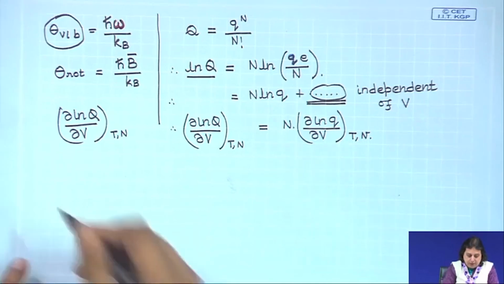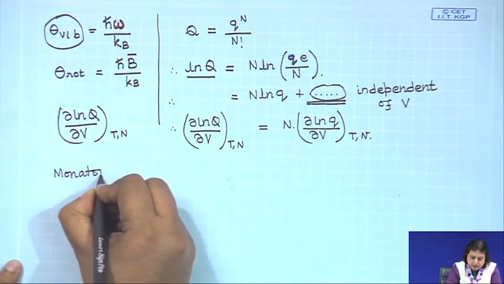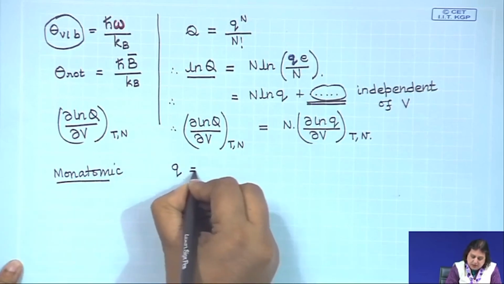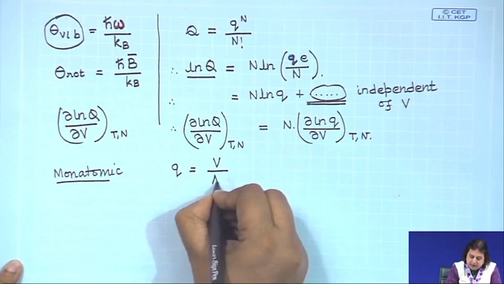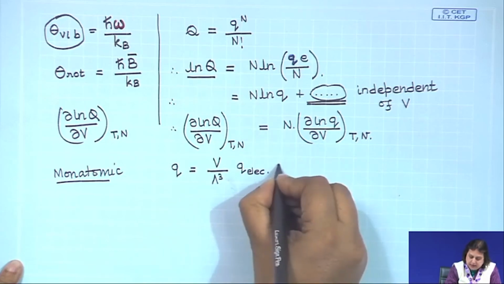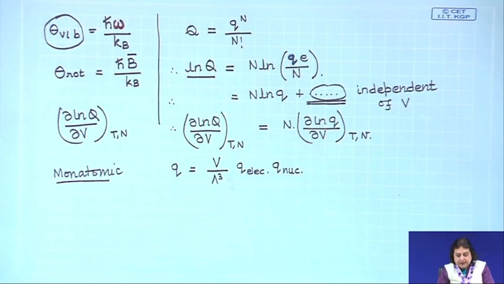Now, for a monatomic ideal gas, we have been able to show that small q is equal to V by lambda cubed into q electronic and q nuclear. Now, where does the dependence on V appear?